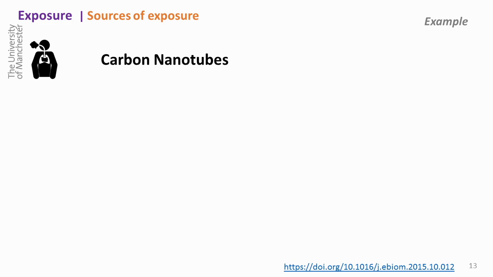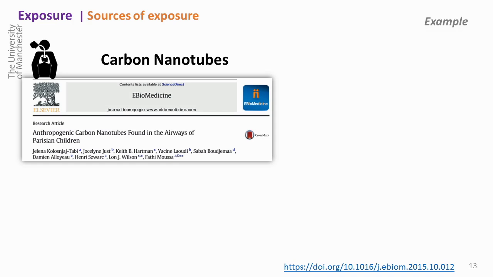carbon nanotubes are something you possibly don't expect to be exposed to if you don't produce them. But again, there are studies that have shown that they have been formed in the airways of Parisian children.